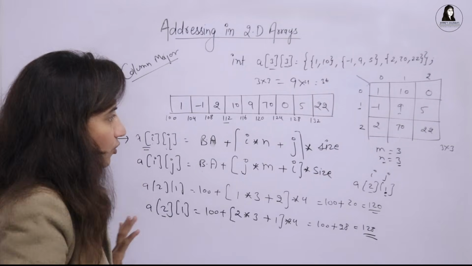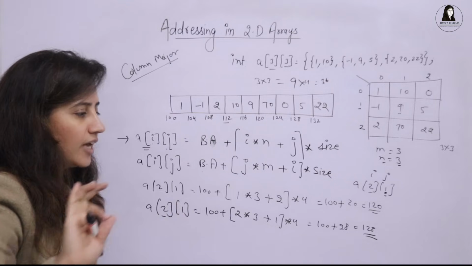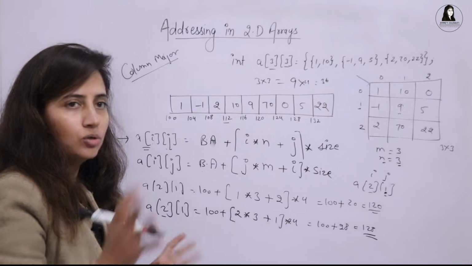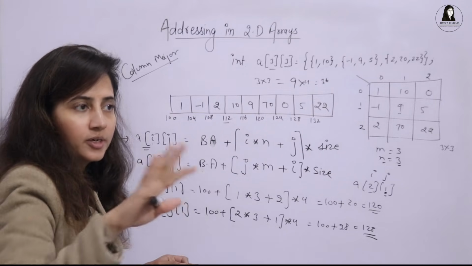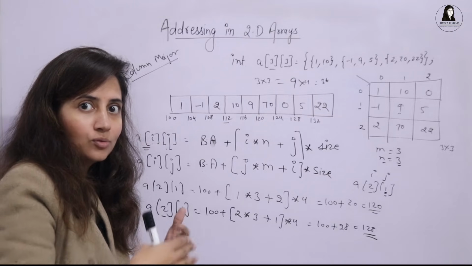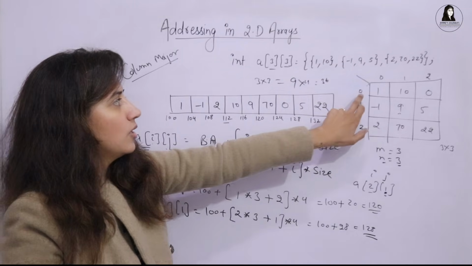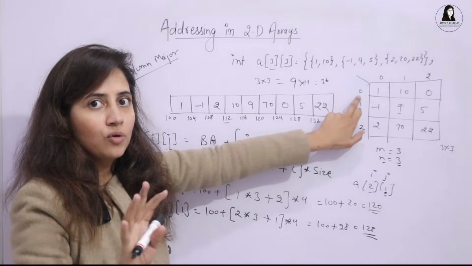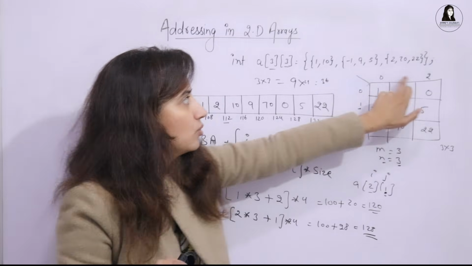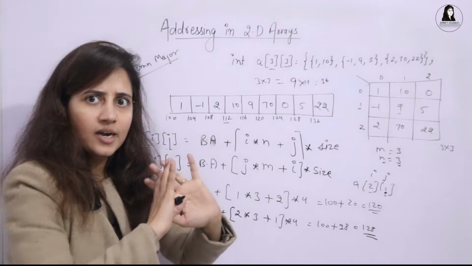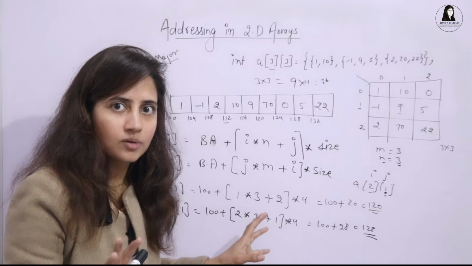Okay, so these are simple formulas, but one type of problem you will get in university exams also, in competitive exams also, that is a different thing. Here by default the lower limit of row is 0, the lower limit for column is 0. Index is starting from 0, right?